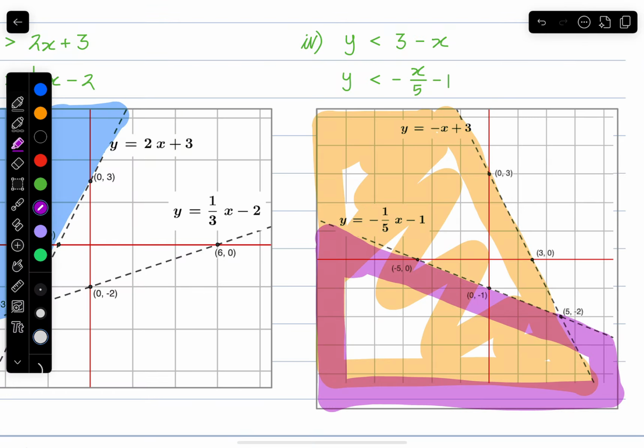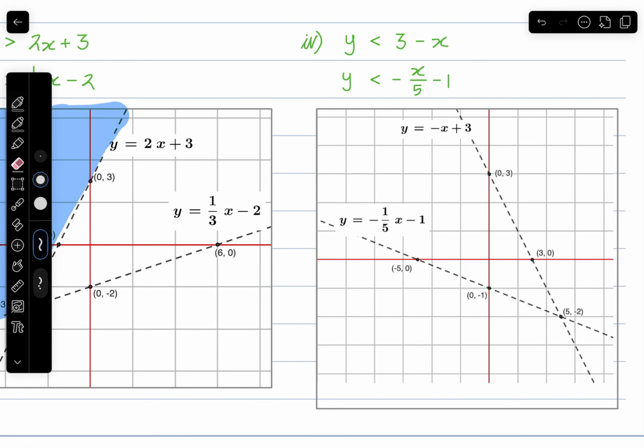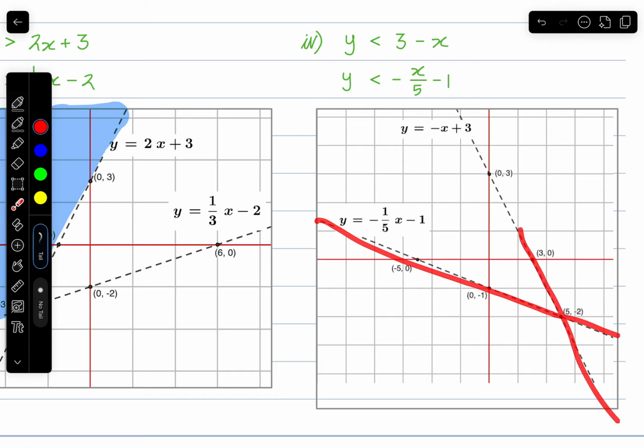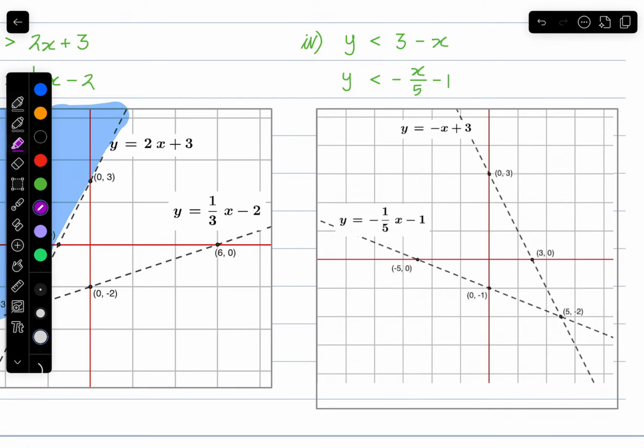I hope you can see the shared region that we need to shade in. The shared region that we need to shade in is this one here. So let's delete our working here. Remember, it's below this line and it's below this line. So there's a region that's below both of these lines.